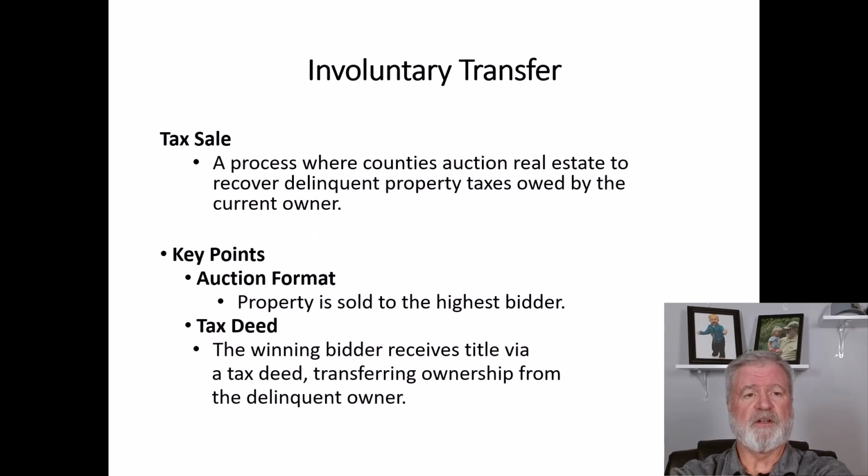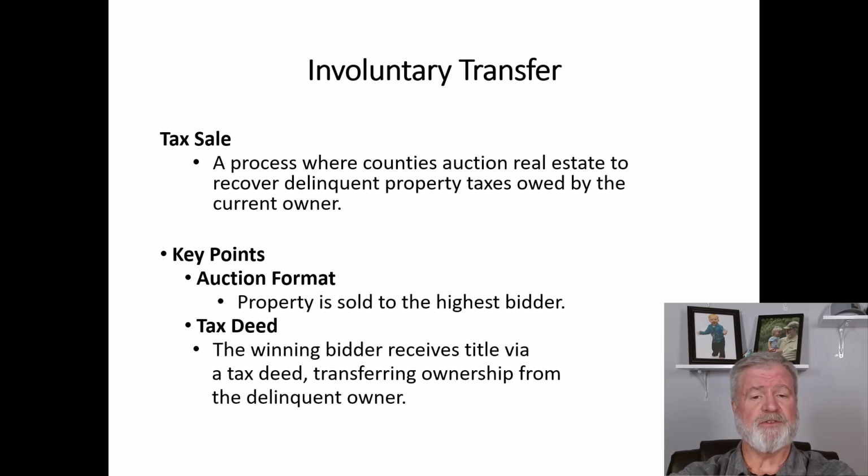Again, most of them we've already talked about. A tax sale, obviously. If you don't pay your property taxes, the county's going to take your property, sell it at the tax sale, get their money that way. But you see there's some key points under this tax sale. Obviously it's an auction, and it's going to go to whoever the highest bidder is. But if you are the highest bidder at a tax sale, what kind of deed are you going to get?